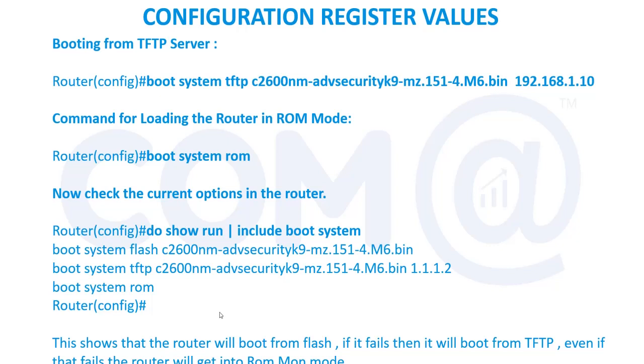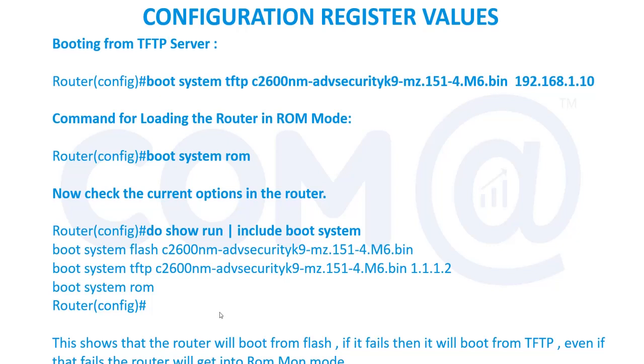In case of ROM monitor mode, you have to say boot system ROM. So instead of boot system TFTP, if I say boot system ROM, I can load the ROM monitor mode. Do show run include boot system. So these are all the options available: boot system flash, boot system TFTP. So the sequence is like that. I'm going to check the local IOS available in my flash.